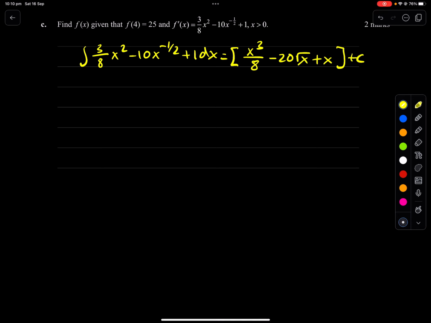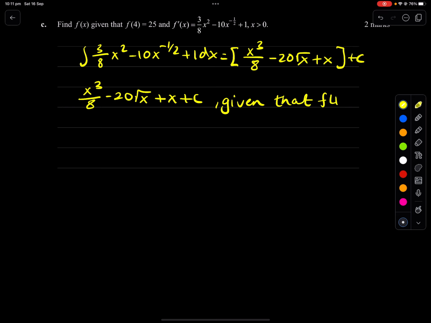So therefore, that'll be x^3 on 8 minus 20 root x plus x plus c, given that f of 4 is 25.